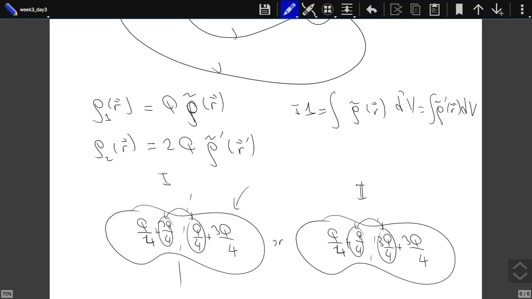No, what do you mean? So you are saying it's the second distribution. So when I put the first plus Q charge on this conductor, 1/4 goes to the surface of one side, 3/4 goes to the surface of the remaining, then if I add another plus Q charge, again the 1/4 will go to the surface that already contained Q over 4.